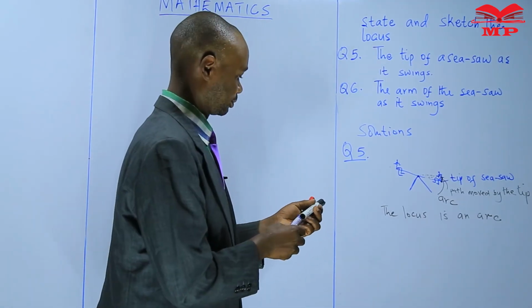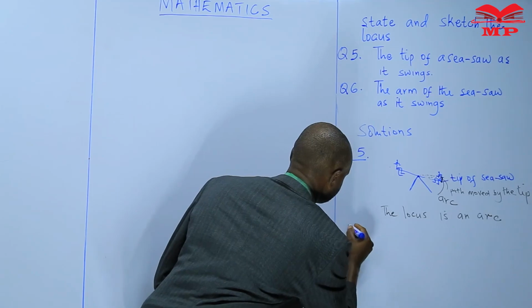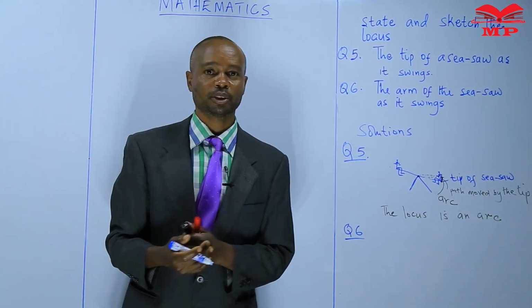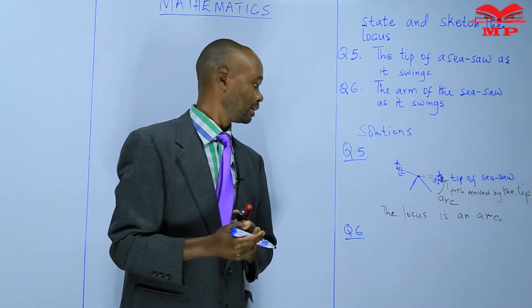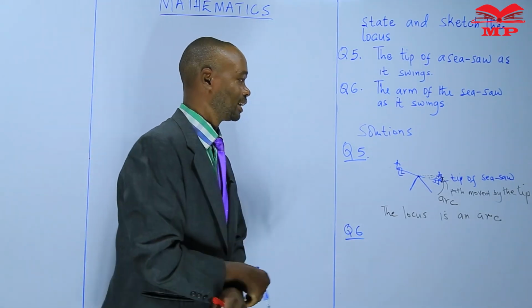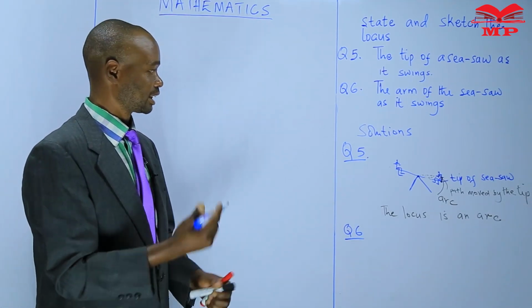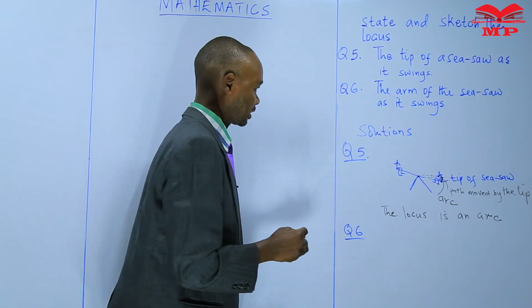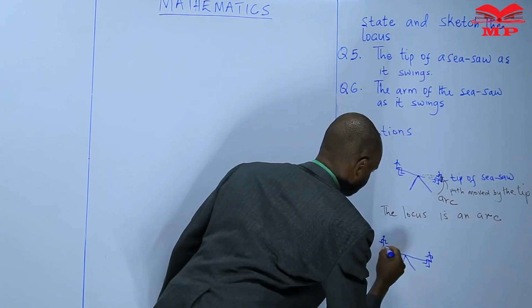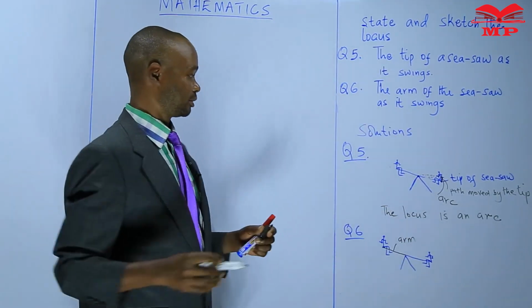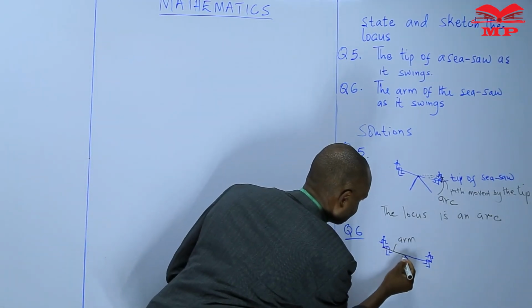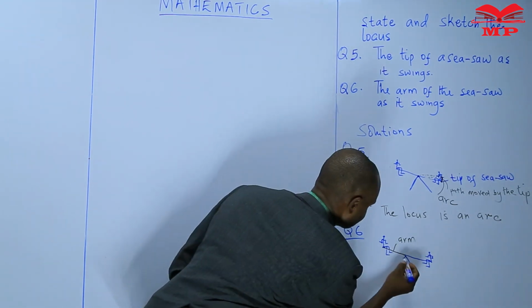In question 6, it is now the arm. Be very careful. It is now the arm. I can use the same diagram, or I can just draw it again. So I've indicated that that is the arm of the seesaw, and let's get its trajectory or movement.